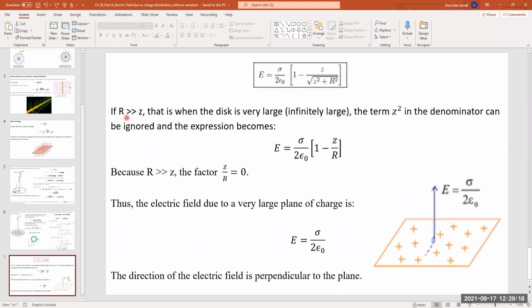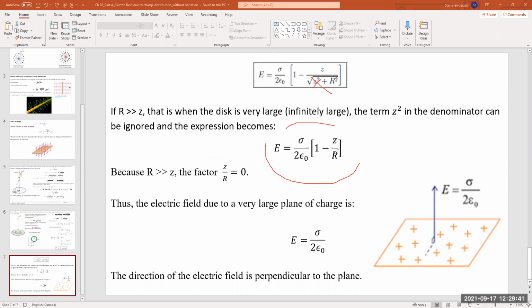When the radius of the disk is very, very large, much larger than z, then z here can be neglected compared to R, because R is much larger than z, and that will simplify to this expression.